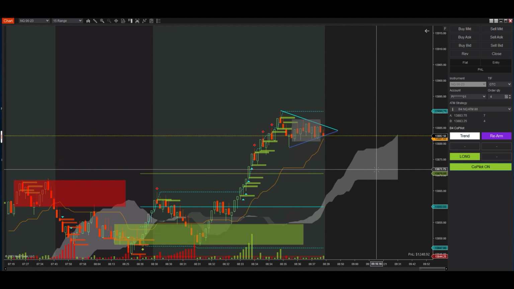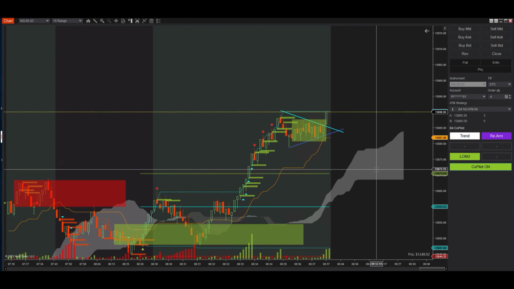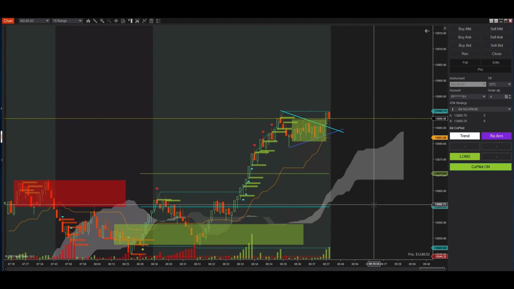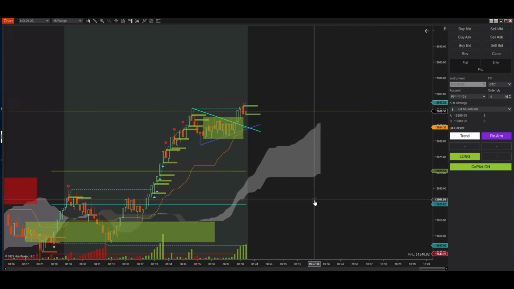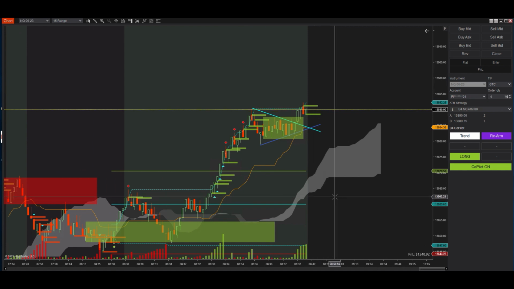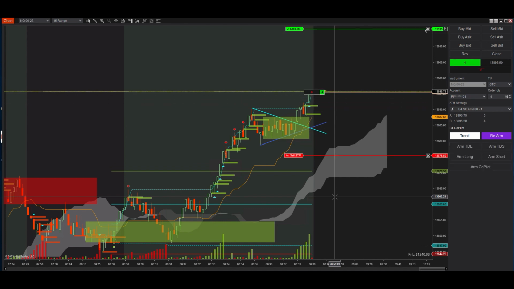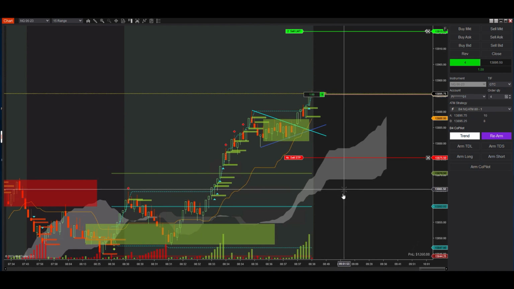As we see our squeeze forming there, we've got our background color as green. Our cloud indicates that we're probably going to break to the upside with the Senkou span A pointing up, and with the Kijunsen as well. Now we have the Senkou span B pointing up as well. Good indication of a break to the upside. There we go. CoPilot got us into a trade, 4 contracts.